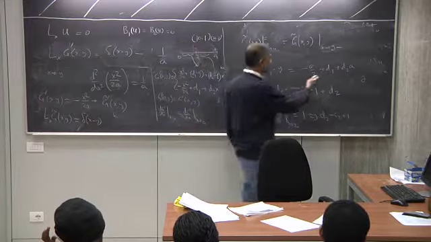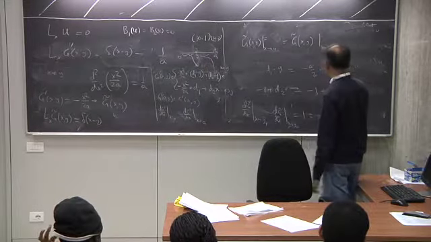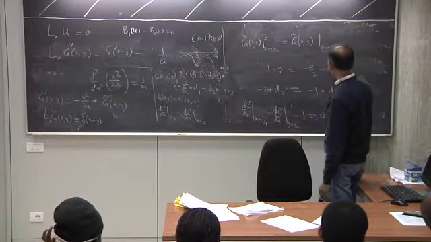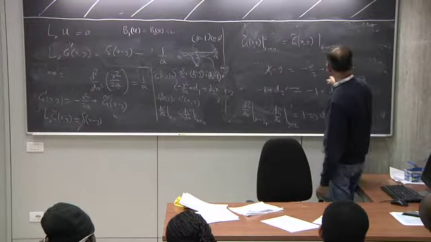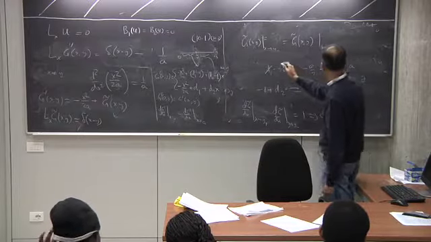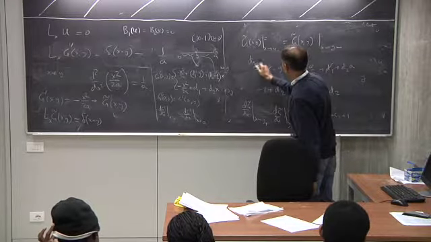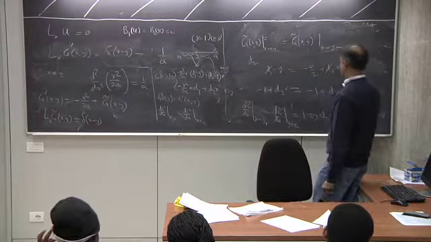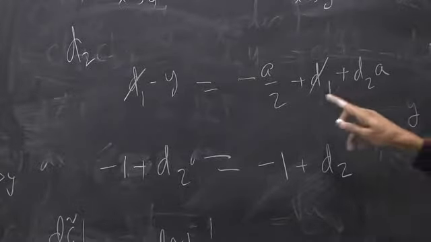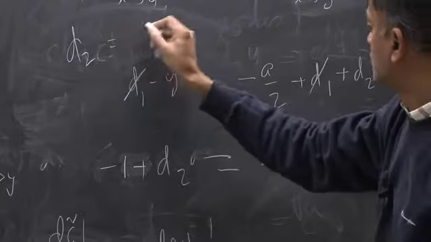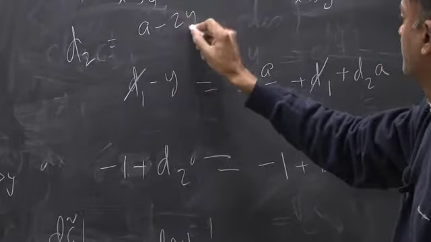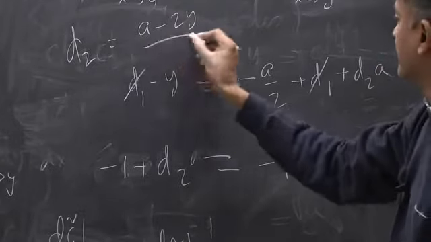And the first equation you can solve for, say, d1. I know d1 also cancels here. So this tells you d2a. We can check at the end whether this is correct or not. d2 is equal to, taking that on the other side, a minus 2y divided by a. Okay.